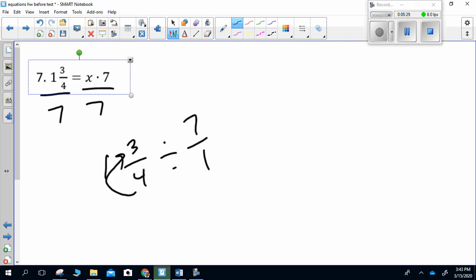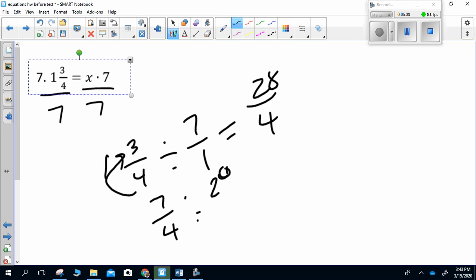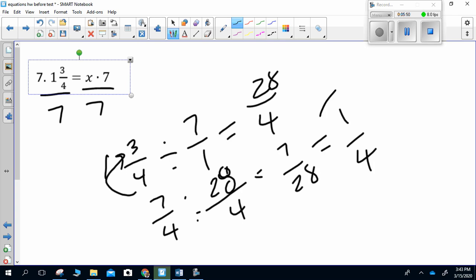This is equal to 7/4 divided by, need to make this be fourths, so 28/4, which is 7/28 or 1/4.